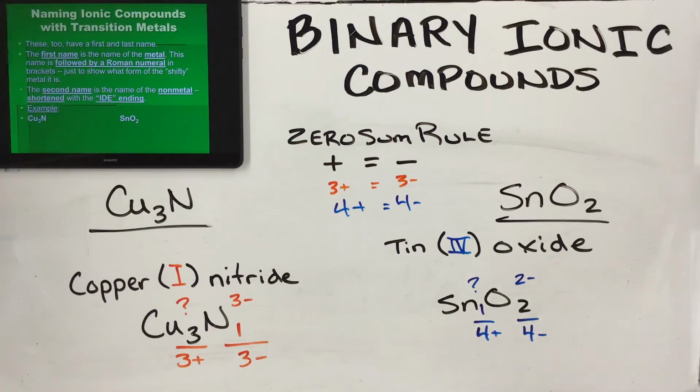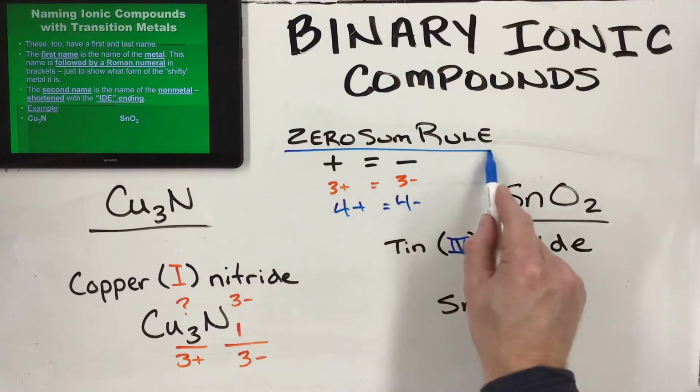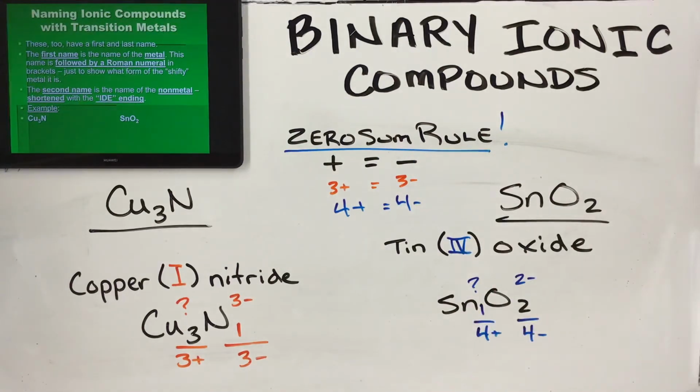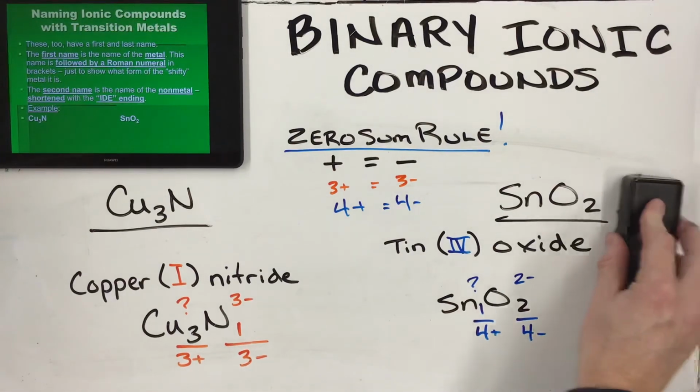So every time you have to reduce, it kind of ruins that reverse crisscross thing. If you go with what you know and you use the zero sum rule, you'll get it right every time. Do you want to get it right 100% of the time, or do you only want to get it right 70% of the time? All right, let's do a couple more and then we'll call it a day here.